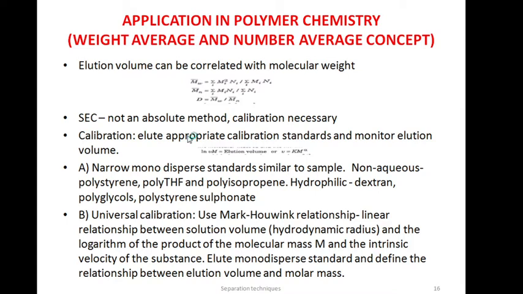Size exclusion chromatography, as we all know, is not an absolute method. Absolute method means it is one method you can apply and you're going to get accurate results. Obviously not, because depending upon the type of sample, the result is going to vary. Say in one analysis you have synthesized a compound of molecular weights 54, 96 and 100.